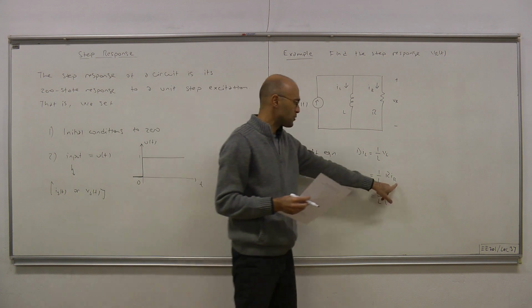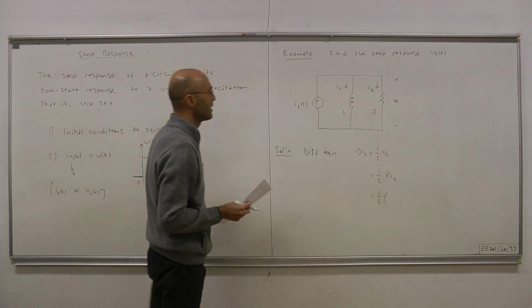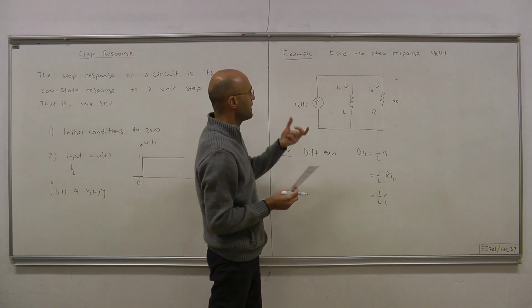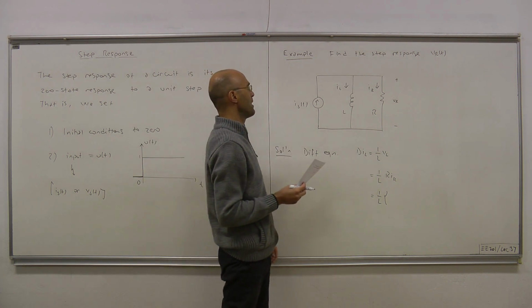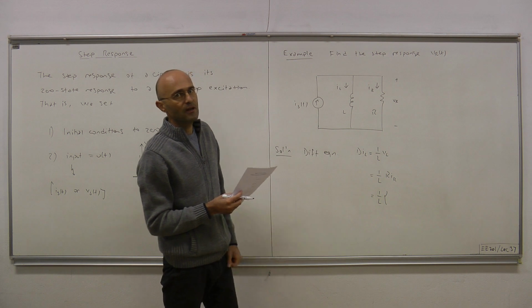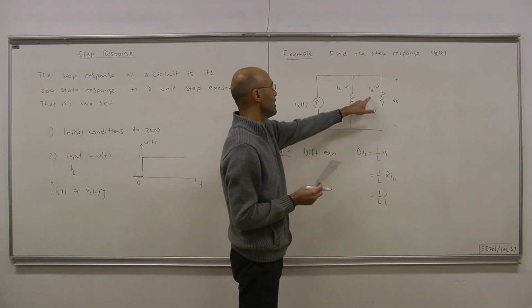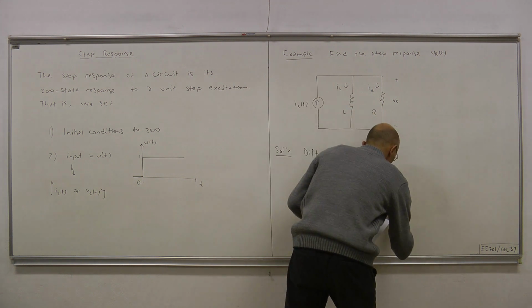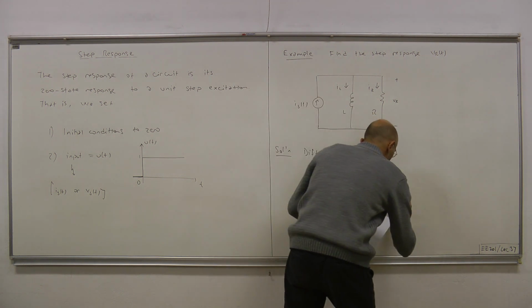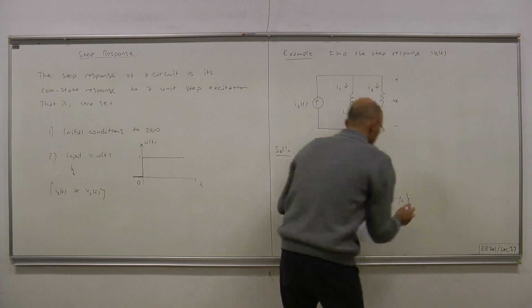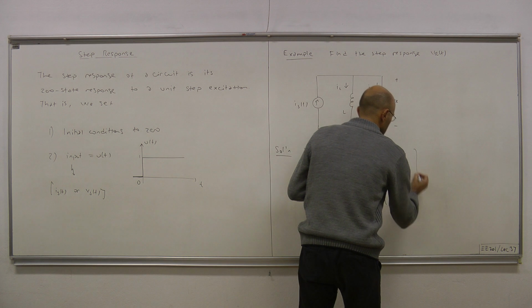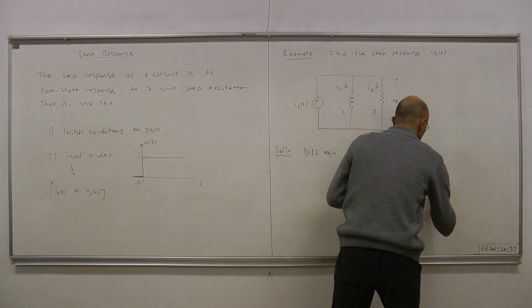Hence, we have to re-express this current i_R according to that purpose, and we can easily do that using KCL. Okay, so i_R is i_S minus i_L.